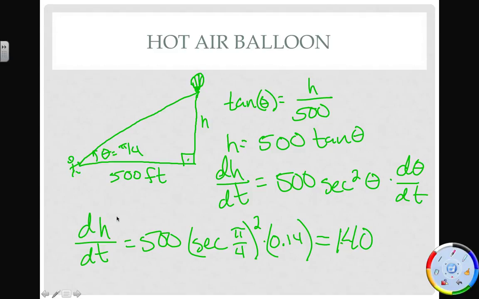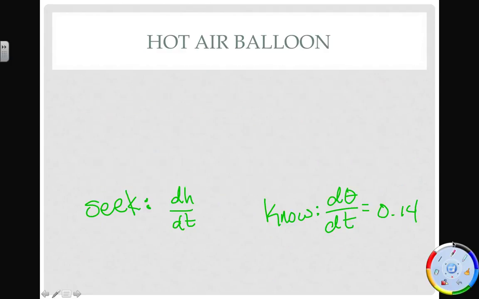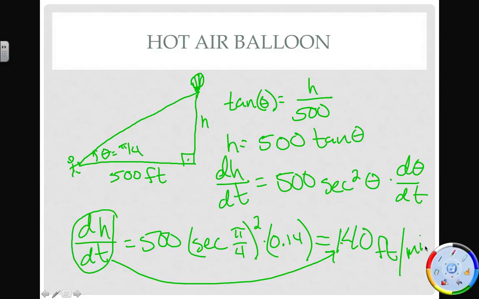Well, that is dh dt. dh dt is 140. Now, here's where you have to pay attention. It's not just 140, it's 140 what? And it's a rate, so it's the change in height over time, which means it's feet per what? What units are we using here? I forget. Minute. So it's 140 feet per minute.